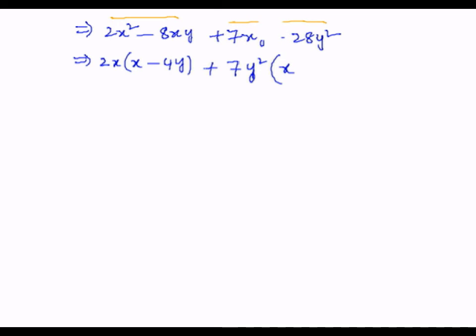Here only y will be taken out as common. So 7 and y are taken out as common, only x is left over. Then minus 7 times 4, 7 fours are 28. Then y square can be written as y into y. Out of 2 y's, 1 y is taken out as common, 1 more y is left over.